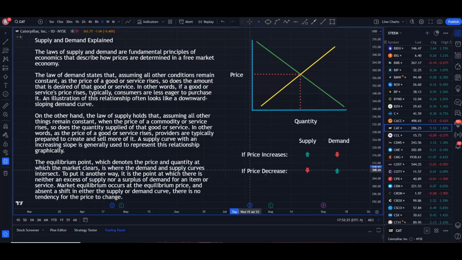So if I'm selling something and prices go down and I sell it, I'm going to be losing money. However, your loss is my gain. I want to buy as many of those items or services while they're selling at a cheaper rate than they were the following week. So that's the dynamics of supply and demand.